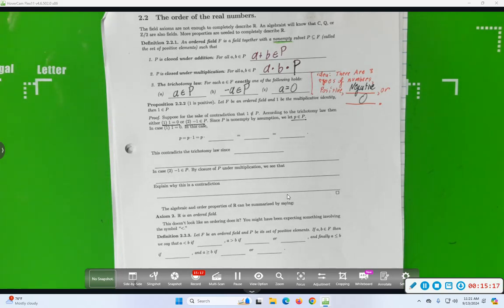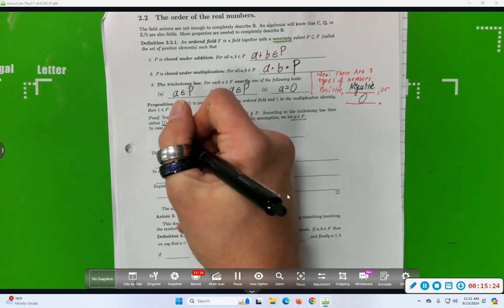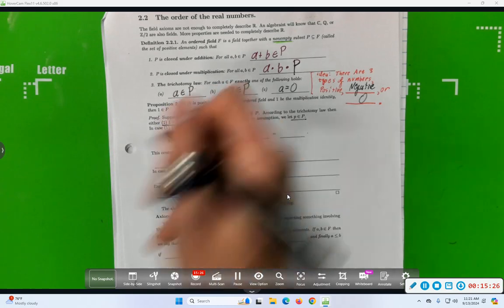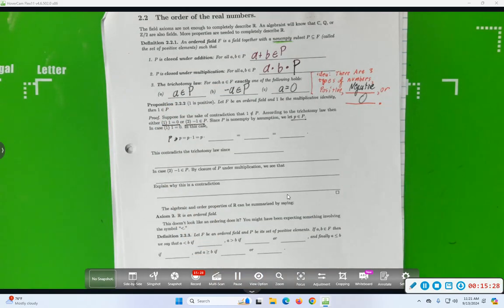So let's try to get a contradiction out of this. I know that p is in the set of positives, so I'm going to put that there. And I know that 1 is equal to 0 in case 1.